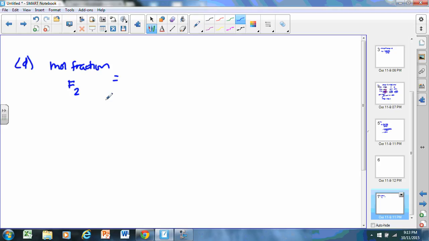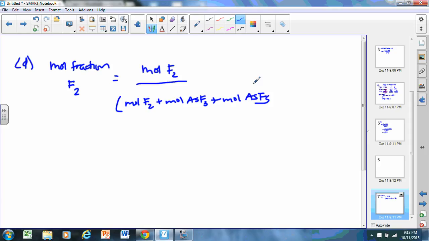So the formula would be moles of fluorine over the moles of fluorine plus the moles of AsF3 plus the moles of AsF5, because if you want the mole fraction of fluorine, it's the moles of fluorine over all the moles.